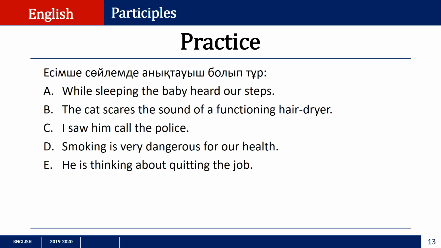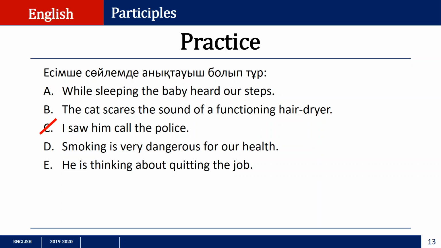And another example: we should find the sentence which has a participle playing the role of attribute. So let's start from the incorrect answers. Variant C is incorrect. I saw him call the police. We do not have any participles here.